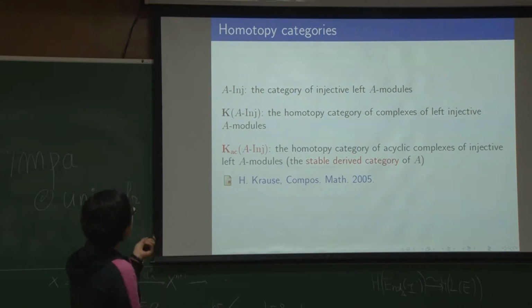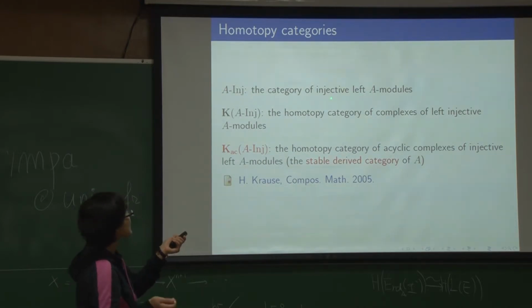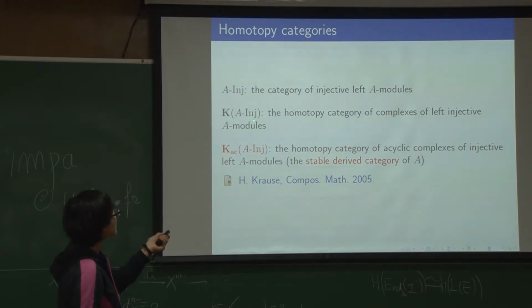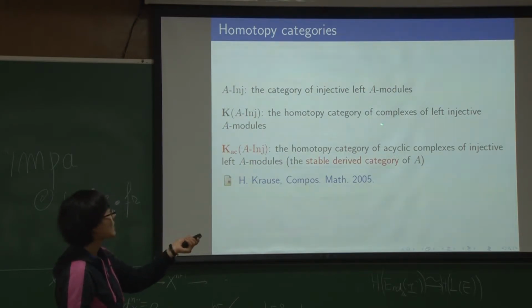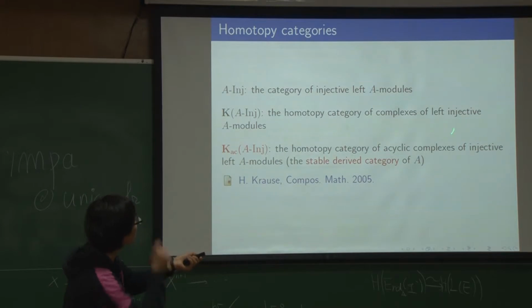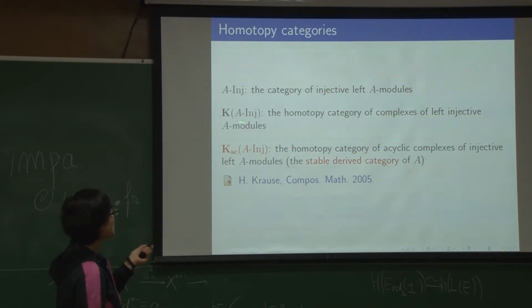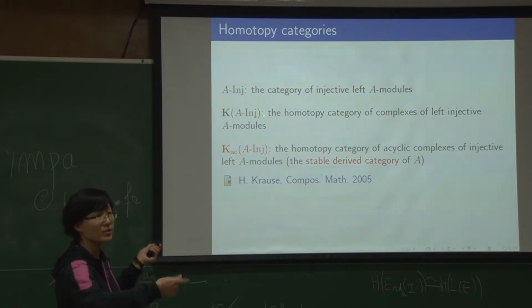So for this algebra A, we use Inj A to denote the category of injective A-modules. We use K(Inj A) to denote the homotopy category of complexes of injective modules. Here we recall that for any additive category A, we define the homotopy category K(A).